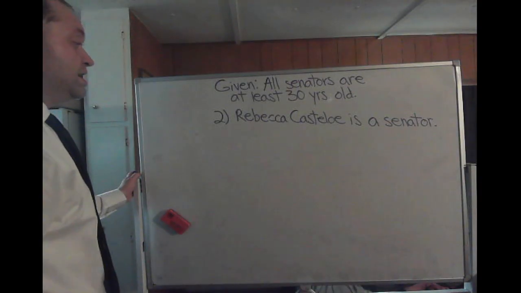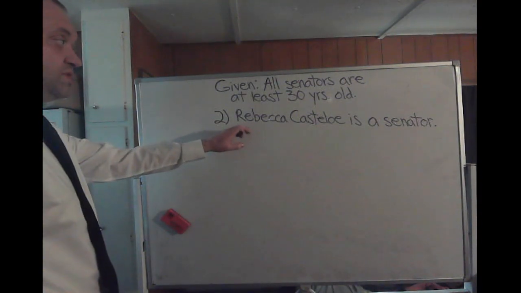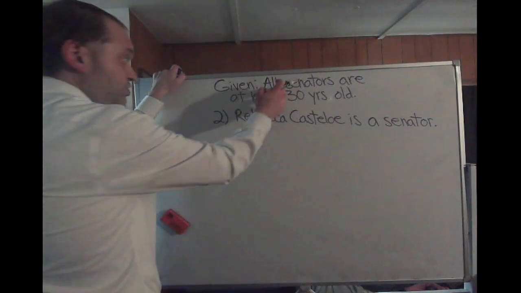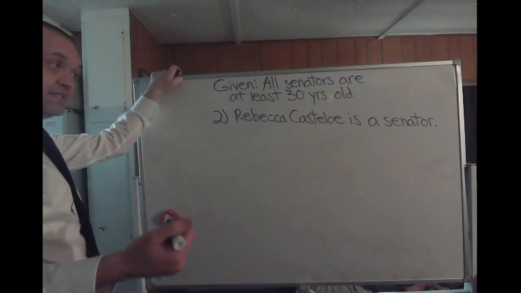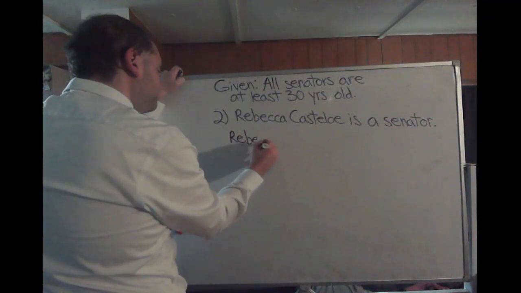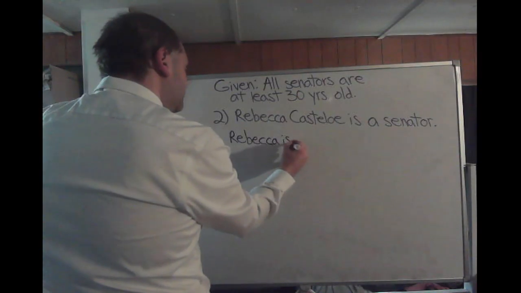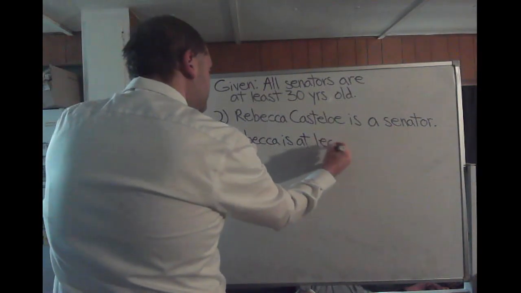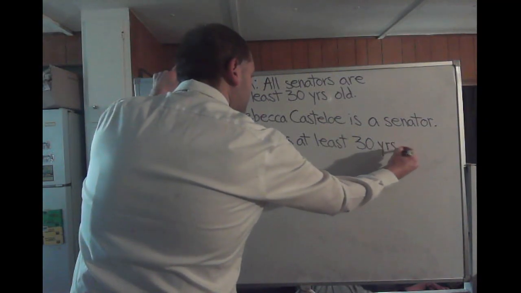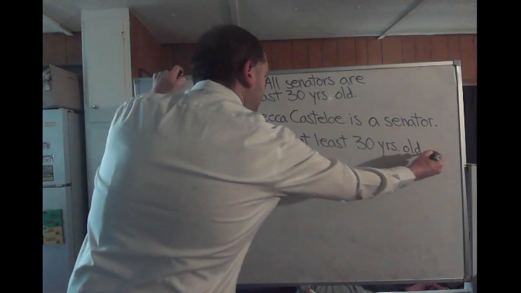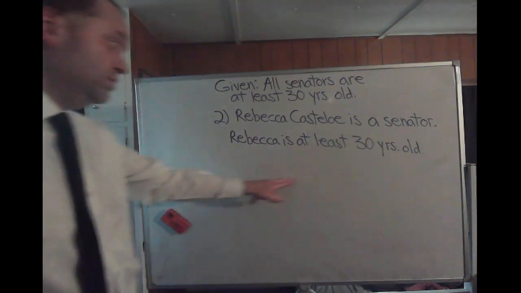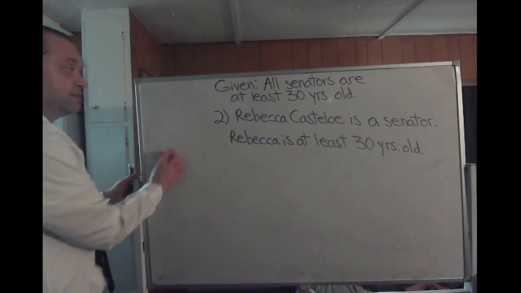But this given, the additional statement to the given is that Rebecca Costello is a senator. And the original given is that all senators are at least 30 years old. The conclusion is then that Rebecca is at least 30 years old. Because if she's a senator, that means she's at least 30 years old then. So we can conclude something out of that.